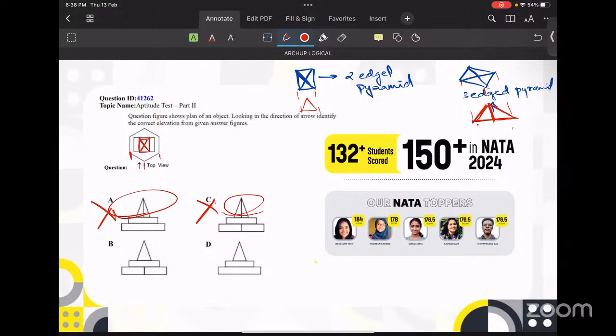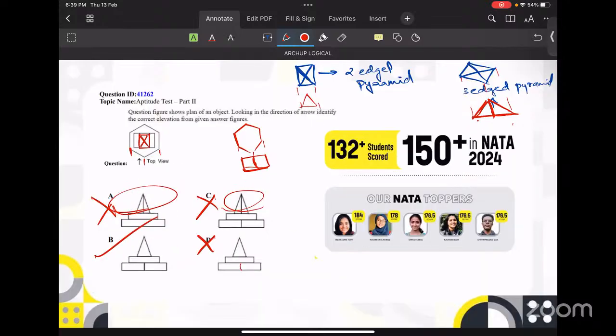What type of prism? A three-edged prism, because three vertices you can extend and the front view will be like this. All these things we will discuss in our courses in a very detailed manner, the hacks and techniques. If you don't find a line over here, that option is also wrong. B. Everything in this particular chapter as well as this exam is purely technique oriented.